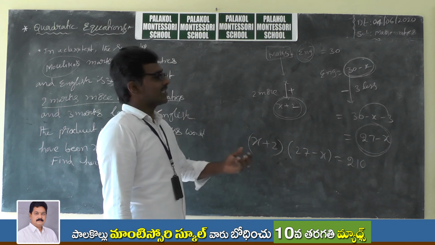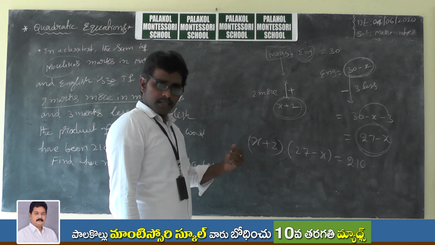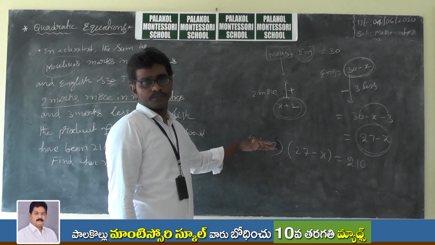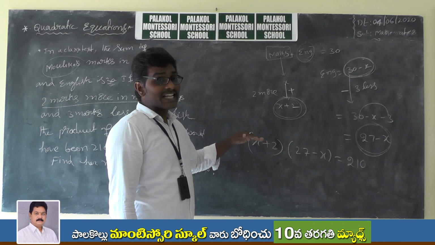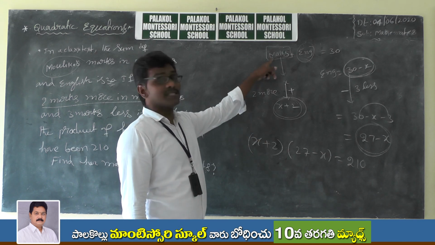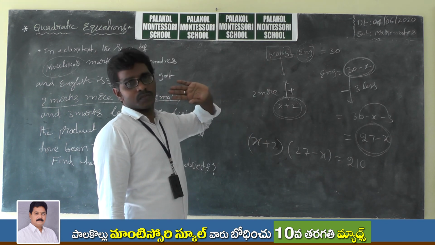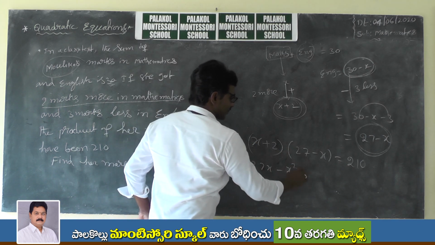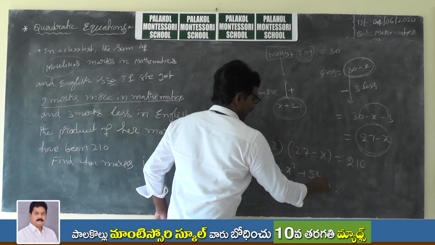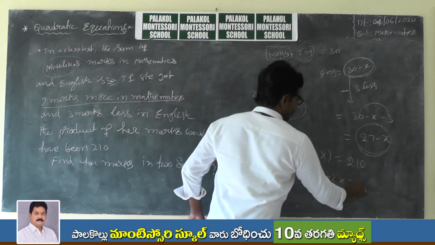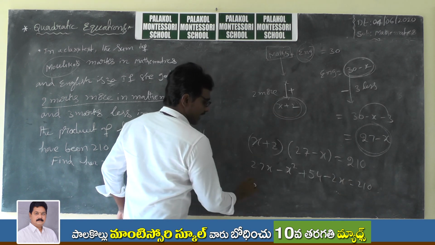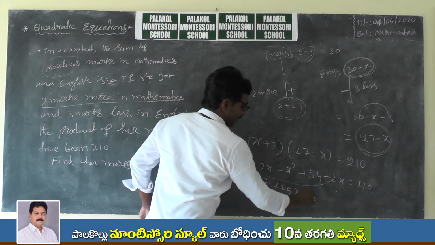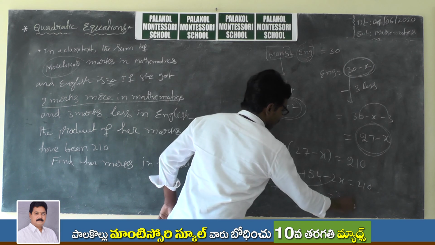After you apply the split method or completing square method, you get the x value. But don't take the x value negative. Why? Because marks are in positives. So x into 27, 27x minus x square plus 54 minus 2x is equal to 210, so minus x square plus 25x plus 54 is equal to 210.